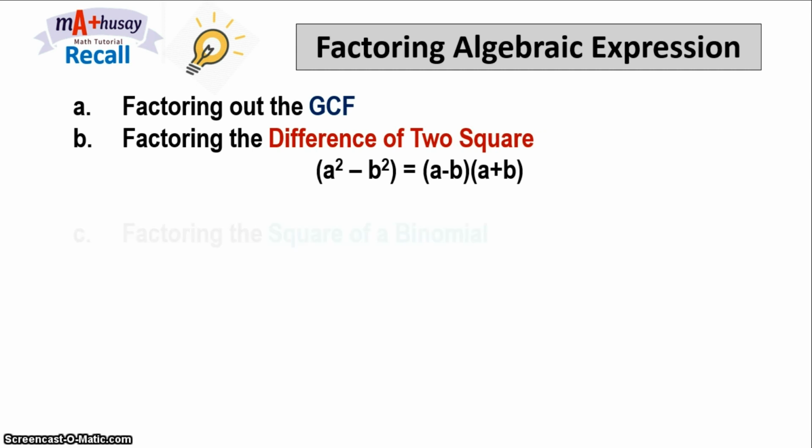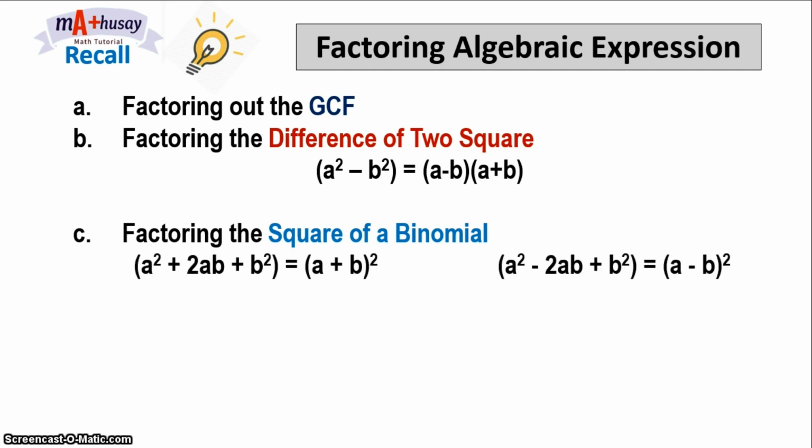Third, you learned how to factor the square of a binomial. If you have a perfect square trinomial, then it can be factored as the square of a binomial. In general, if we have a perfect square trinomial like a squared plus 2ab plus b squared, the middle term is twice the product of the binomial's first and last term.